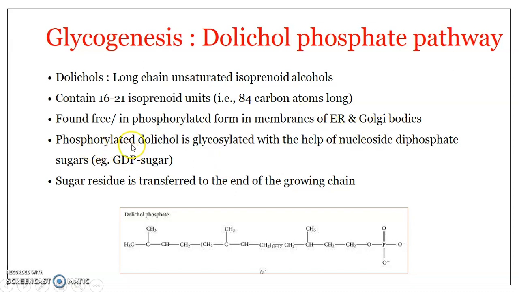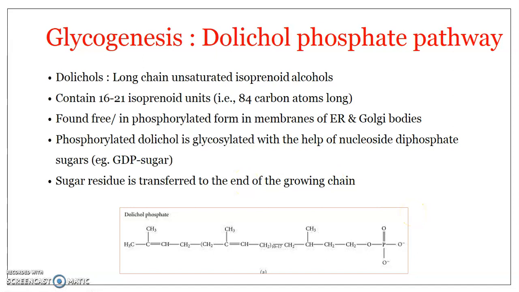The phosphorylated dolichol gets glycosylated at this particular point with the help of nucleoside diphosphate sugars, for example GDP sugars. So a GDP sugar is required for transferring the sugar onto this one. Any nucleoside diphosphate sugar can serve, but here it is GDP sugar. The sugar residue is transferred to the end of the growing chain of the molecule.